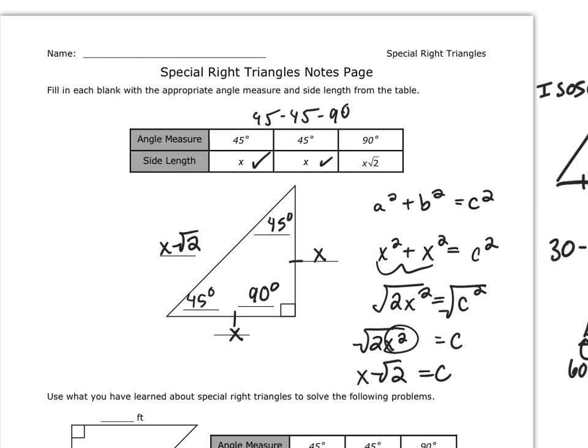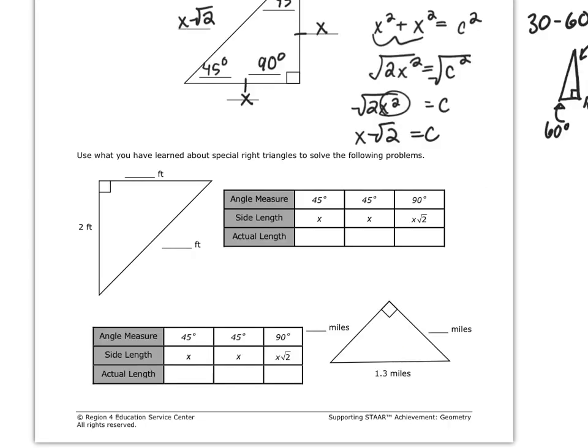So the ratios of the side lengths of an isosceles right triangle will always be x, x, x square root 2. The legs are going to be opposite of the 45 degree angles, and they'll have a measure of x. And then the hypotenuse will be opposite the 90 degree angle, and it will have a measure of x square root 2.